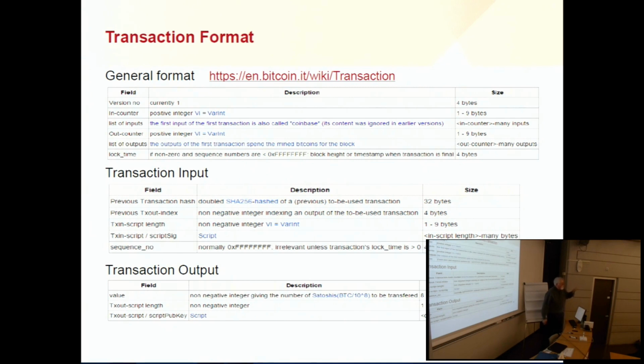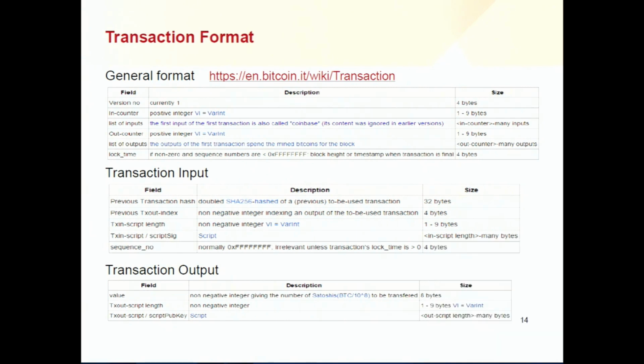So you have to pick out the one that actually came to you, and that's the index that is used here. I had to look that up because I was really confused about what that could possibly be. And then it's the length of the script, and then there's a script here. This actually is a, have you ever heard of the computer language named Forth?